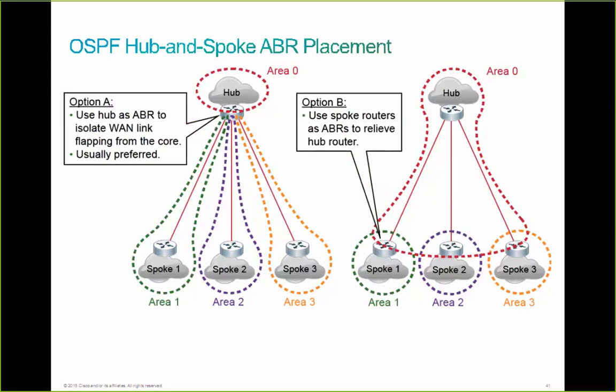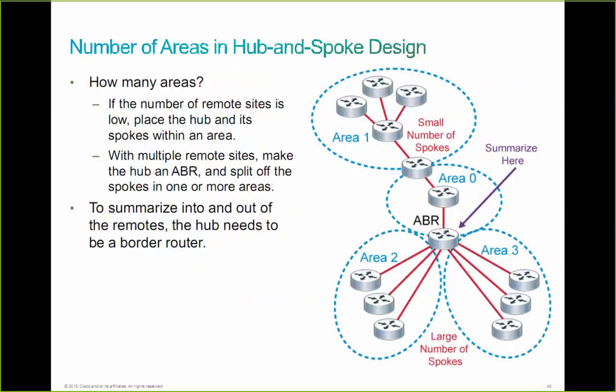As the number of remote sites goes up, as we start to add more and more remote sites, we have to start breaking up our network into more and more areas. And the number of routers per area is going to depend on a couple of different factors. If the number of remote sites is low, we place the hub and the spokes within a single area.